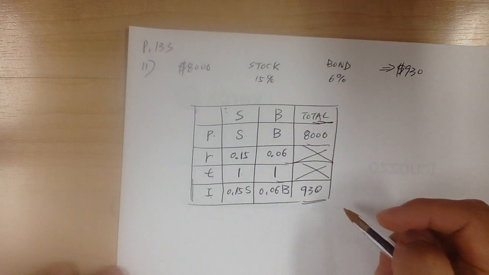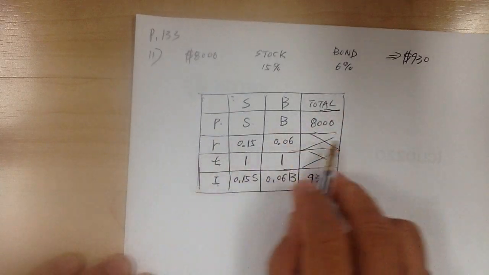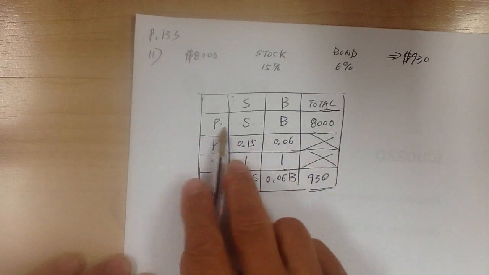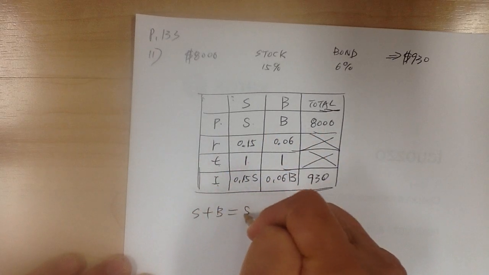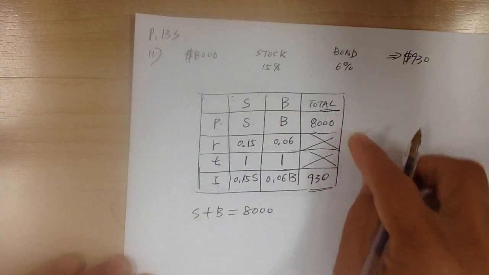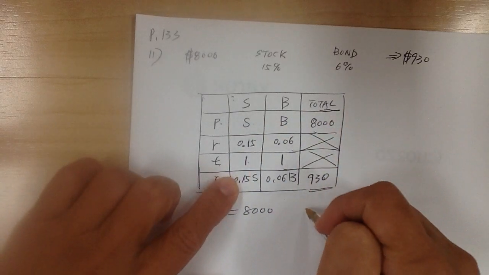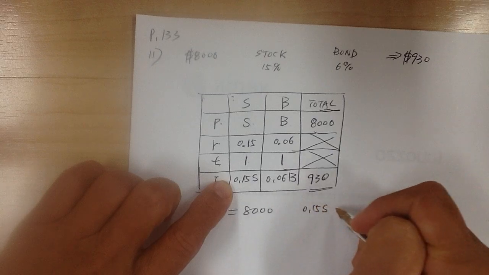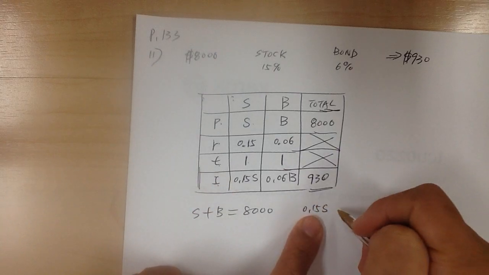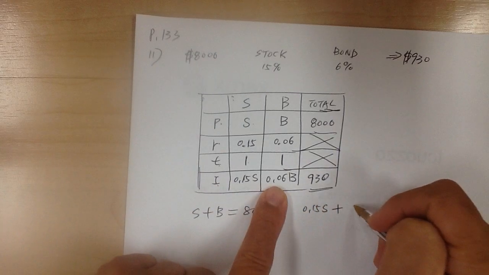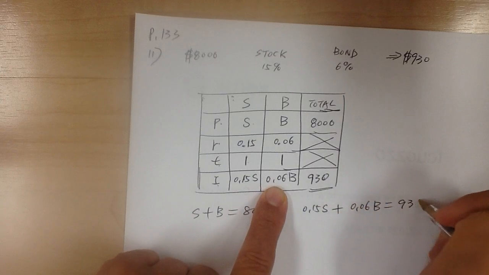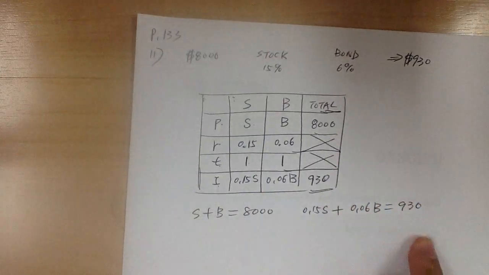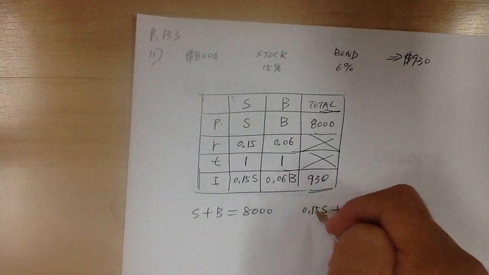Okay, so now you have two equations. Whenever you see the variables, that's your equation. So the stock plus the bond equal the total, $8,000. And the interest you earn: 0.15s is the interest earned by the stock, and this is the interest you earn from the bond, and the total equal to 930. Once you got two equations, you can go and solve, right?